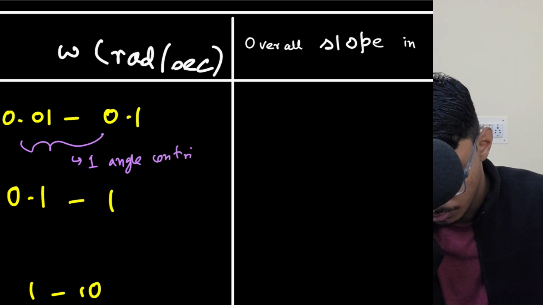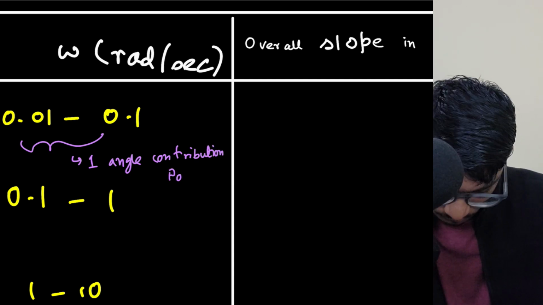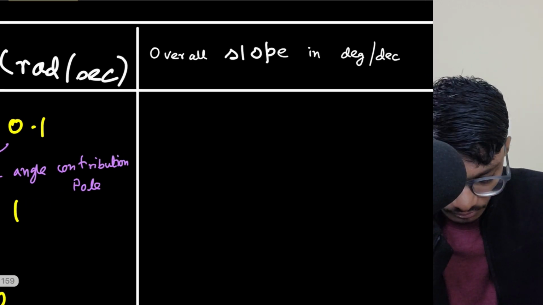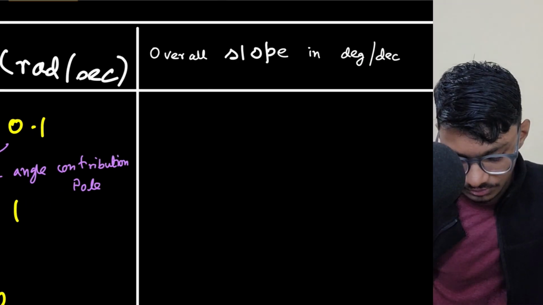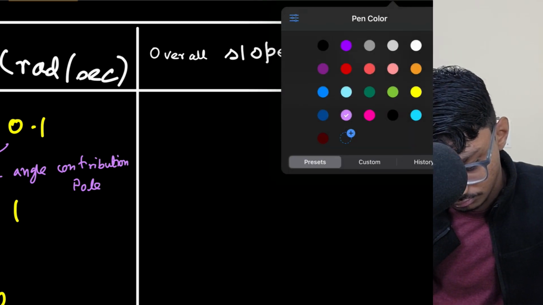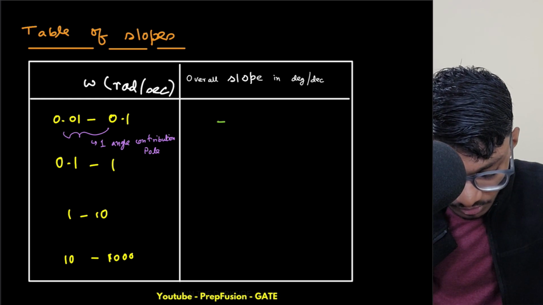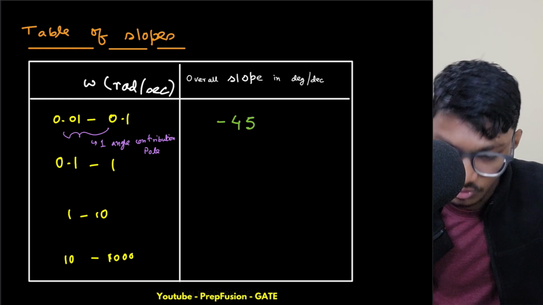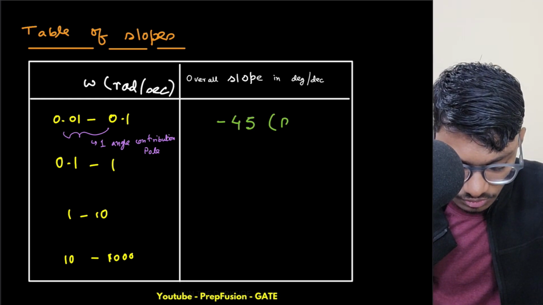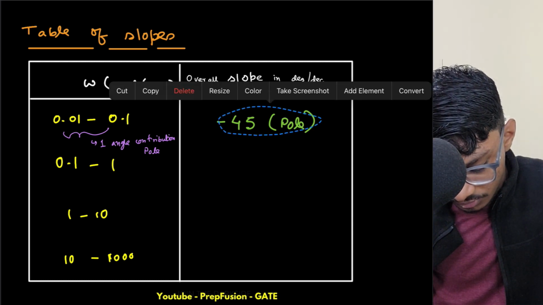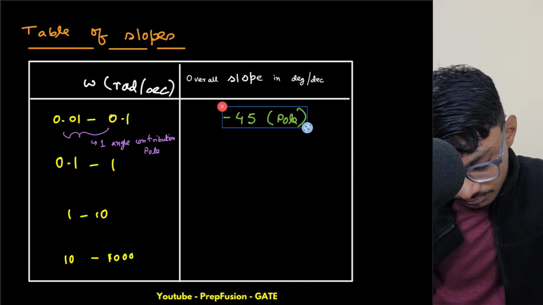It's not the actual pole. As we have only one pole, this becomes minus 45 degree, and this is due to one pole itself. So in this region we have only one pole, and this becomes minus 45 degree.